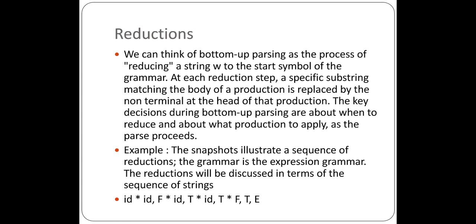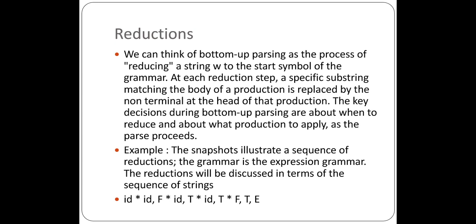These are the reduction processes. For any expression grammar that you use, this reduction process can be applied to generate a sequence of strings and then reach the start symbol. At each reduction step, a specific substring matching the body of a production is replaced by the non-terminal of that production. So this is about reductions.